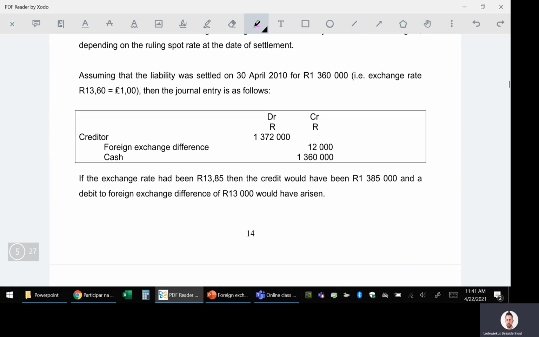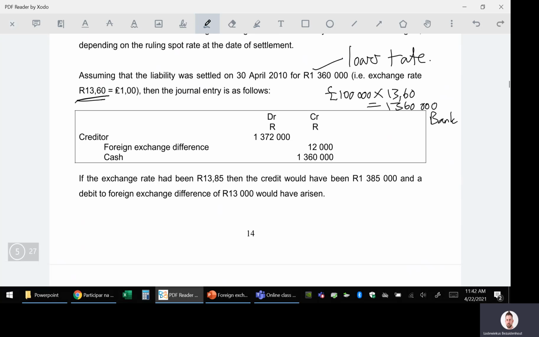So if we assume now that the rate will be 13 Rand 60, it's a lower rate, so we will pay less. So credit the bank with the payment amount, £100,000 times 13 Rand 60, and that gives us the 1360 that will go to the bank.